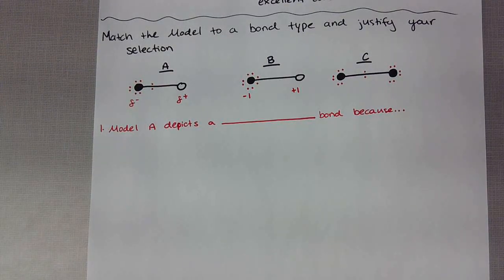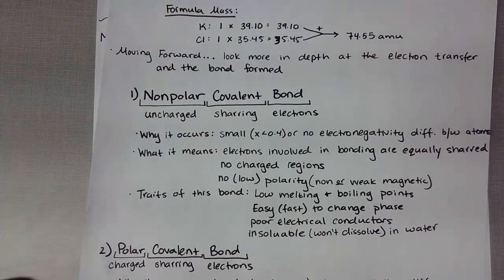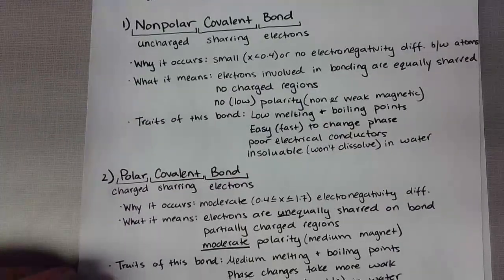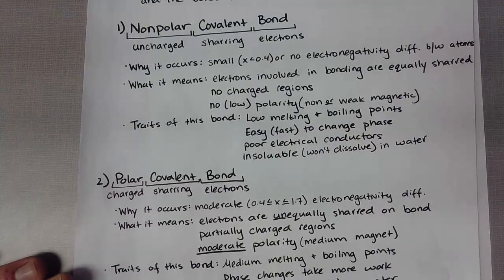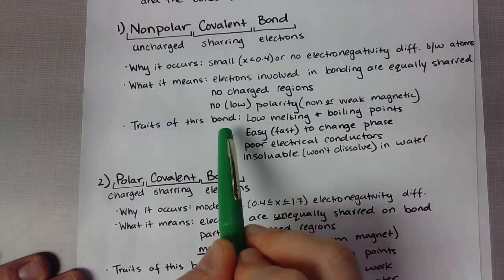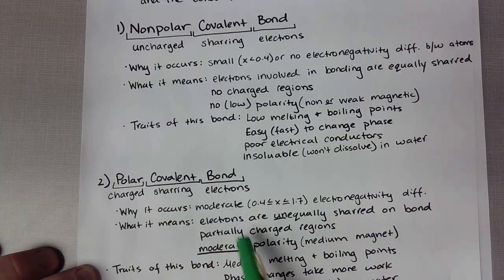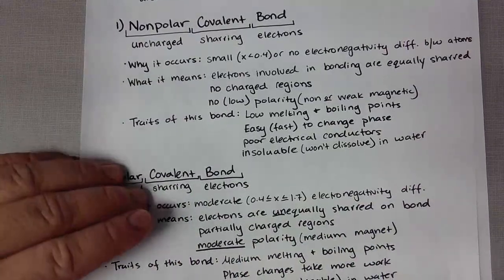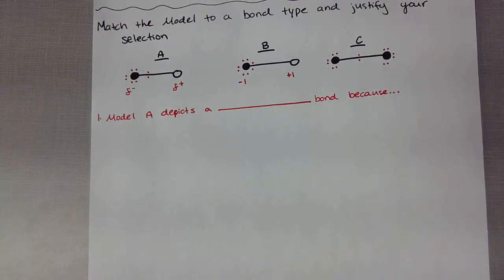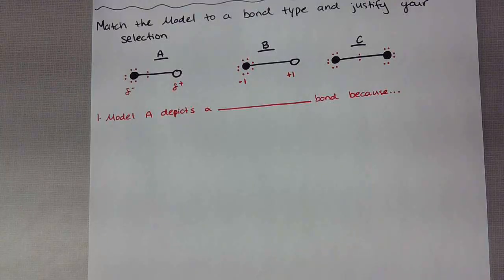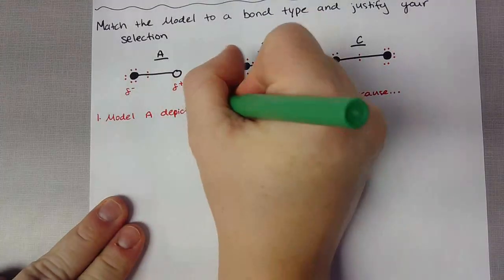They are shared, but they are closer to the left. So they are unequally shared. Since we're looking at sharing, we're looking at our 2 covalent bond types. Nonpolar involves equal sharing. Polar involves unequal sharing. What do I see in my picture? I see unequal sharing.